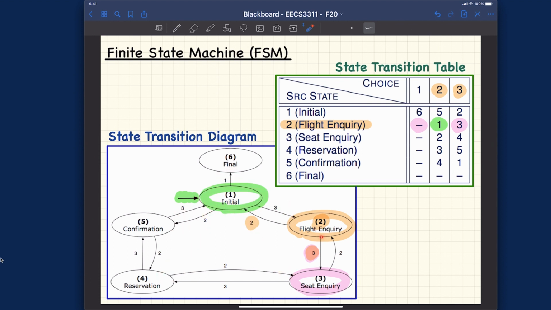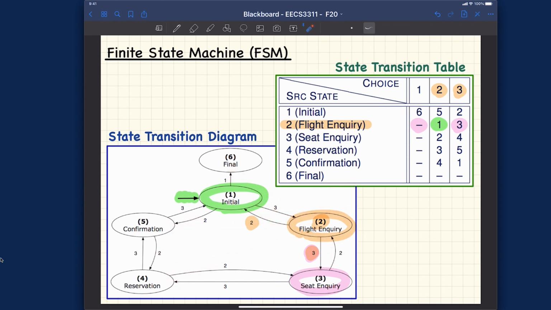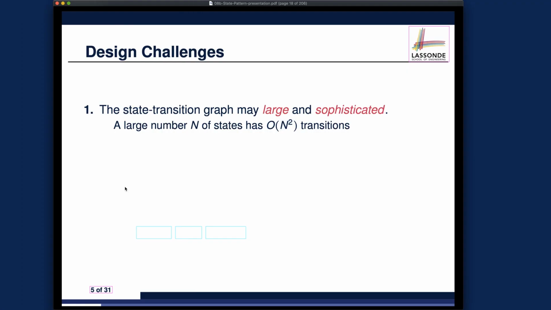And similarly for state number 2, you might also go to 1, go to 3, go to 4, go to 5, and go to 6. Or it may even come back over here. But it's not the case now. I'm just saying in the worst case, the most complicated system you might have would be n squared with respect to the number of states you have. Okay, just keep that in mind. So that's why we know that in the worst case, it would be very complicated. So that's why when you put a design together, you want to be careful.